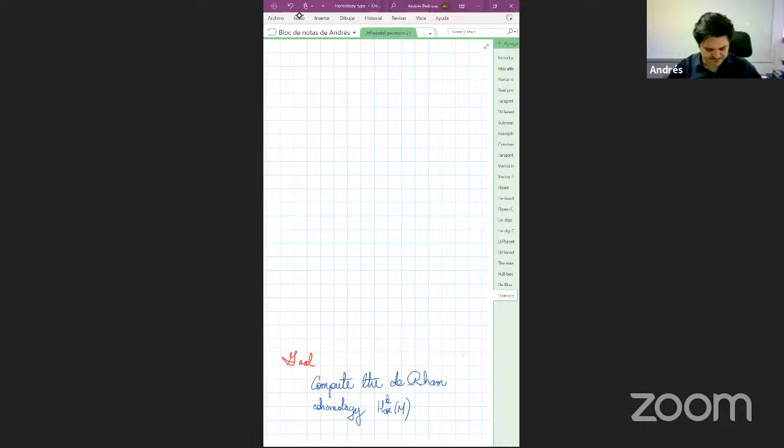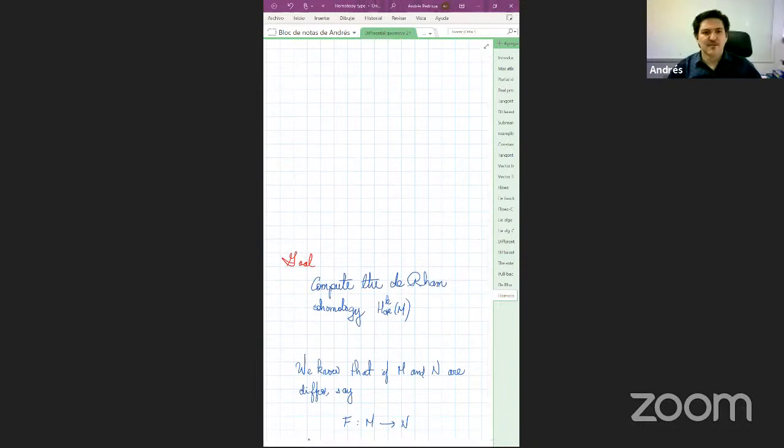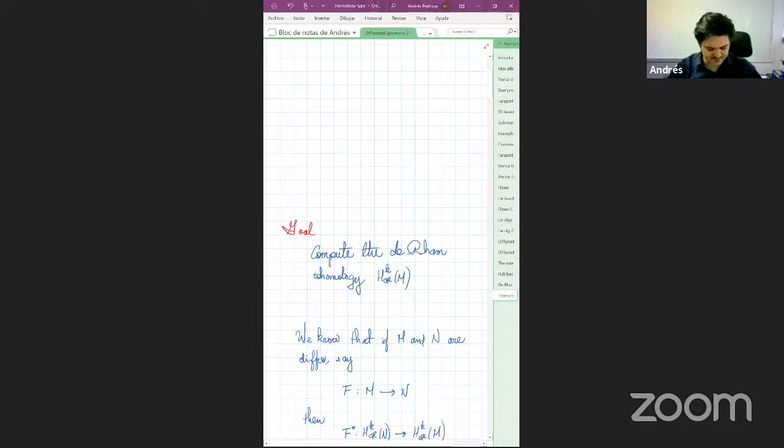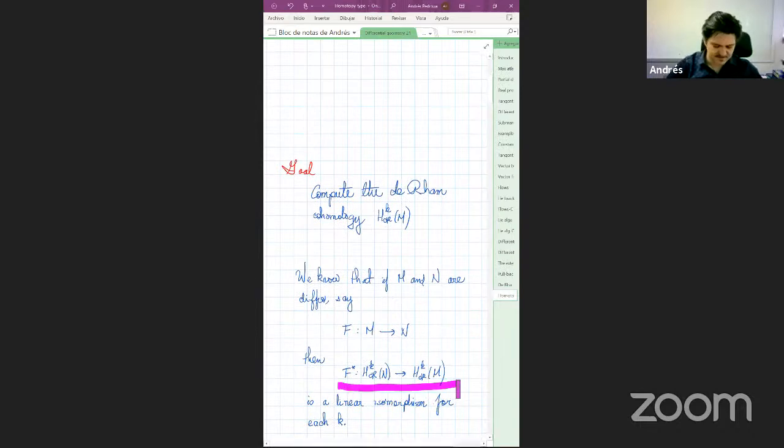So first, if two manifolds are diffeomorphic, there is a smooth map between them, and it is a bijection, and the inverse is also smooth. And when we know that two manifolds are diffeomorphic, we have seen that this map is a linear isomorphism.